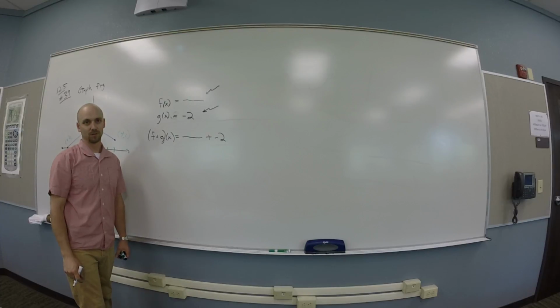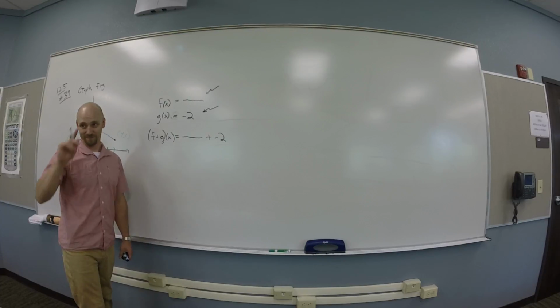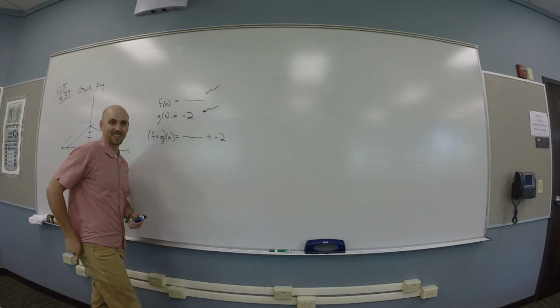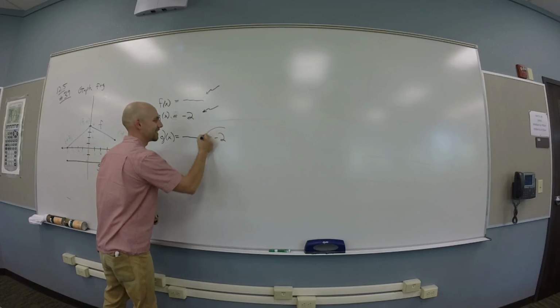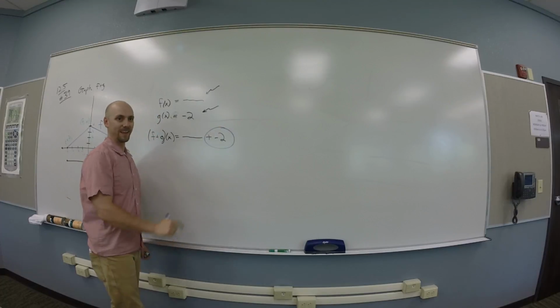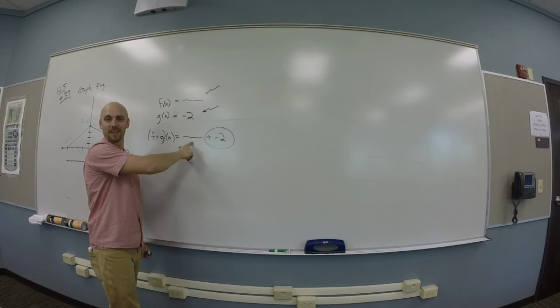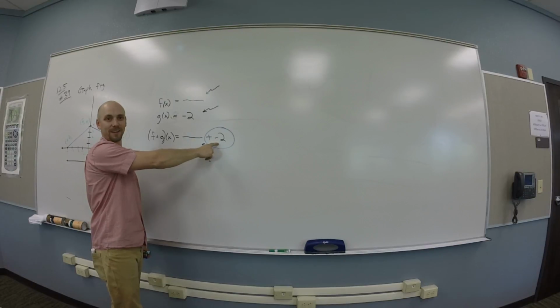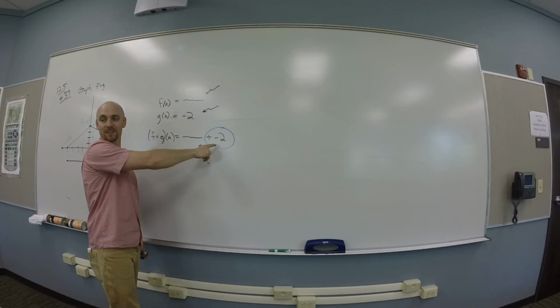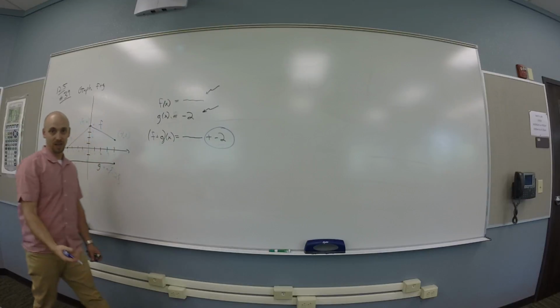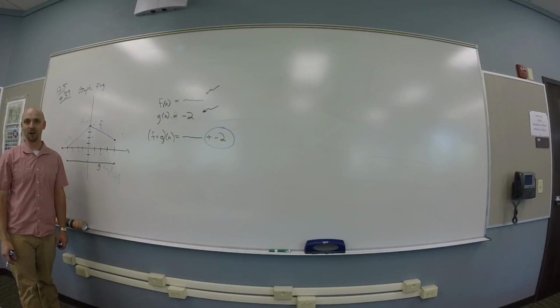What's that going to do? You guys know what this does. You do the rule for f, whatever that is, and then this is a vertical shift by -2, so it's down 2, right?